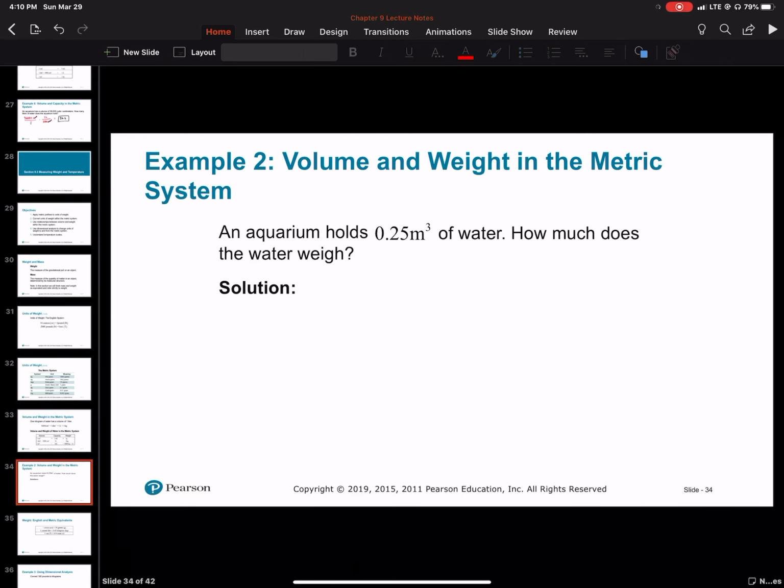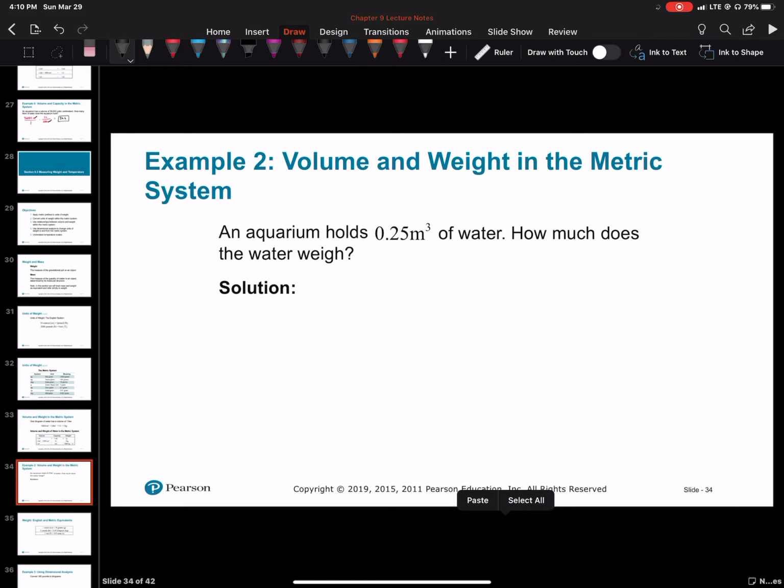So let's look at this. It says the aquarium holds 0.25 cubic meters of water. How much does the water weigh? So now we start off with our 0.25 cubic meters, and we put that over 1. Then we multiply by our unit fraction.